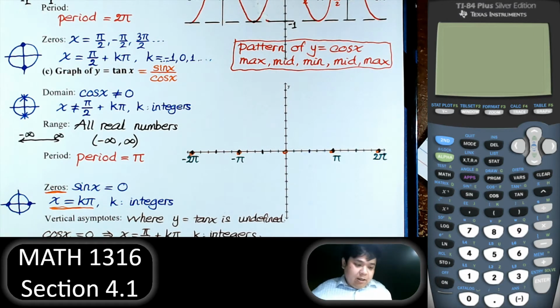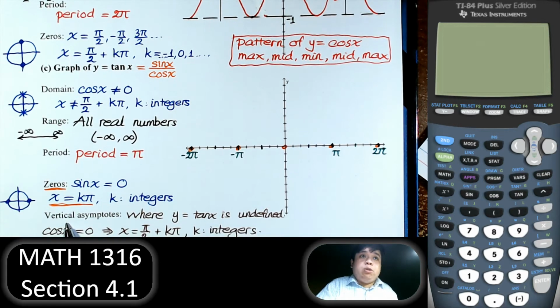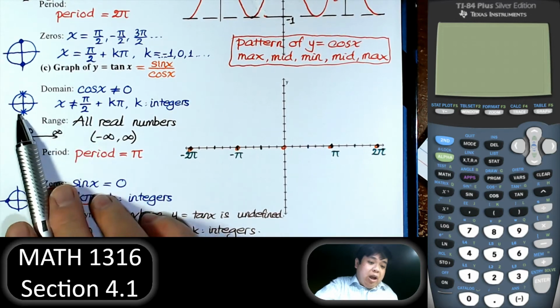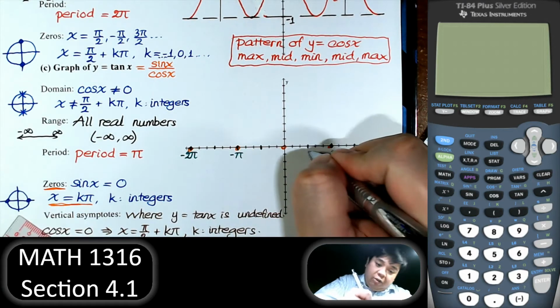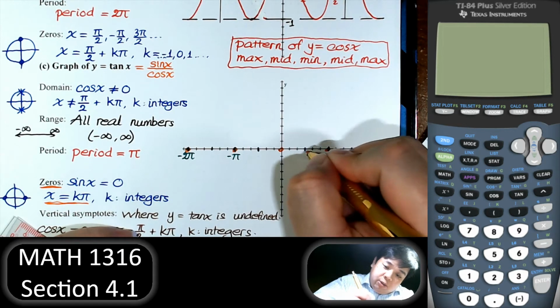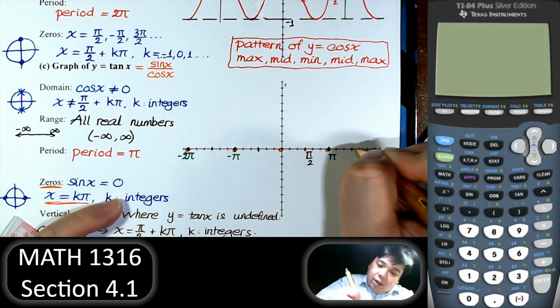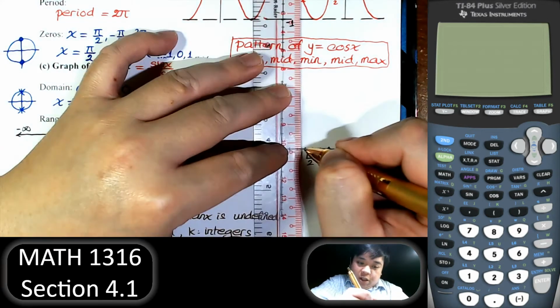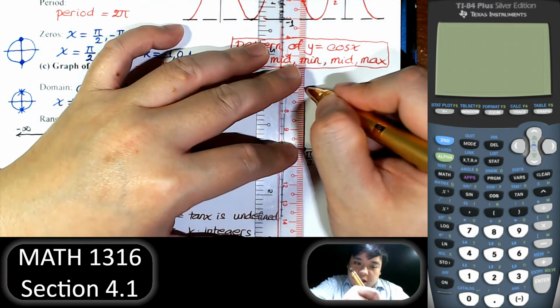Next, the vertical asymptotes, where the function is undefined. The function is defined everywhere except for pi over 2, or 3 pi over 2, where the function is undefined. So I'm going to draw the vertical asymptotes.